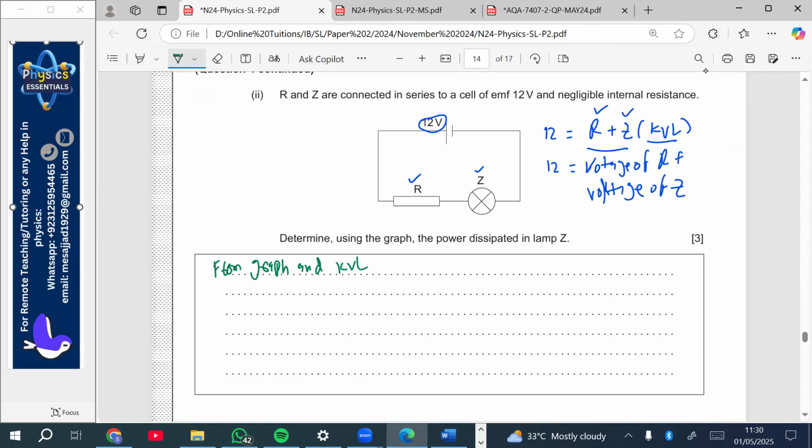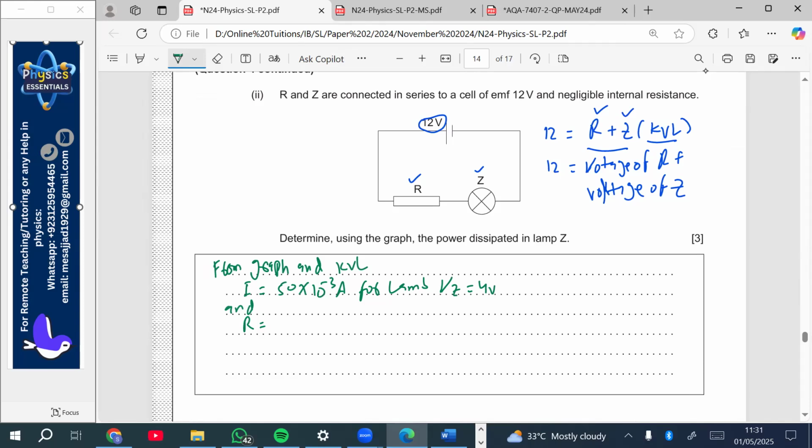You will write that I equals 50 into 10 raised to the power minus 3 amperes for the lamp, VC at 4 volts, and R equals... R, we need to find that, right?